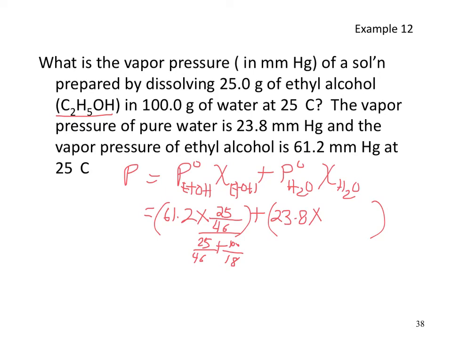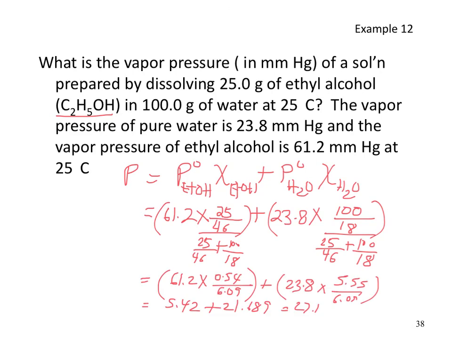And we will do the same thing over here: 25 over 46 plus 100 over 18. And when you solve, you get a value of 27.1 millimeter mercury.